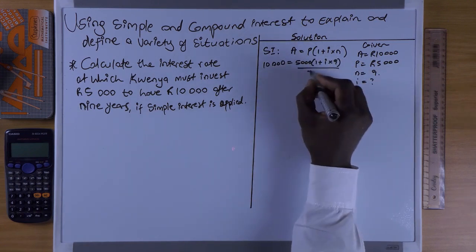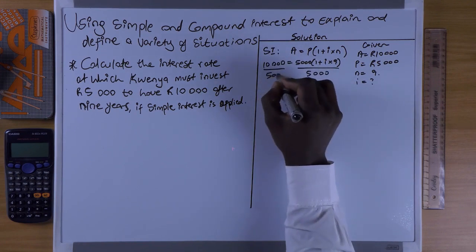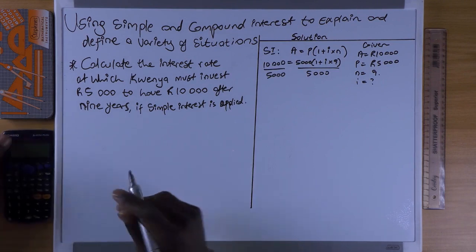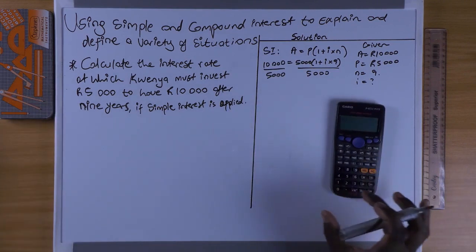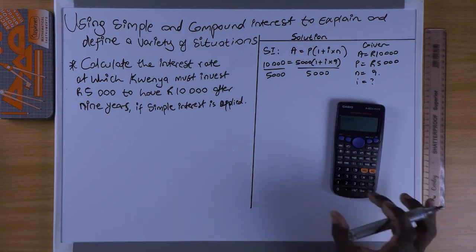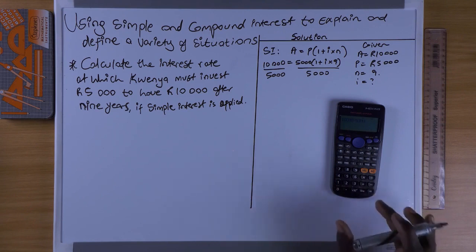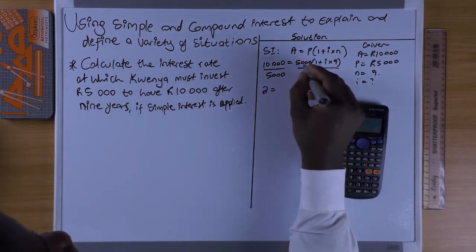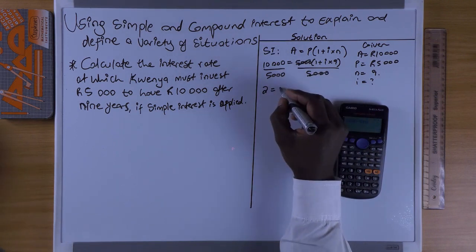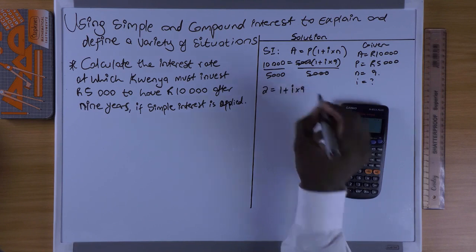Substitute into the formula. Divide both sides by 5,000. So, working from your calculator, for the sake of practicality and visual aid, 10,000 divided by 5,000 is 2. So 2 is equal to this, cancels this, so you're left with 1 plus i times 9.